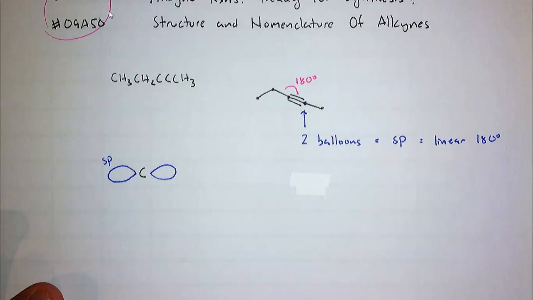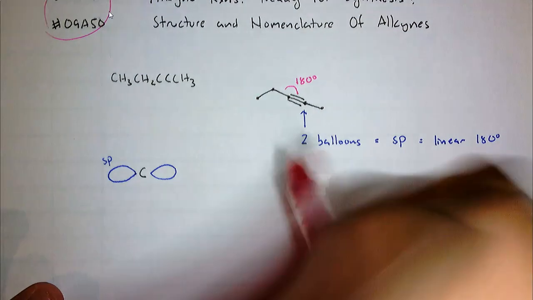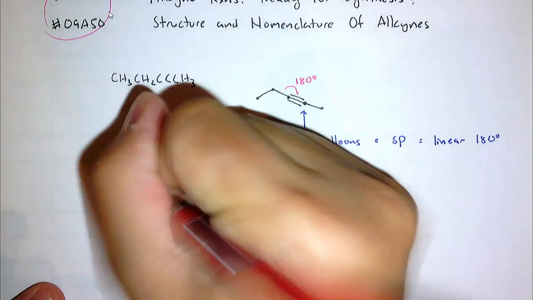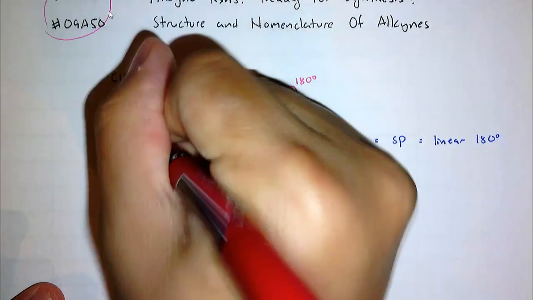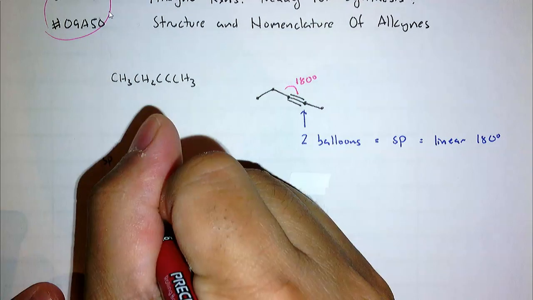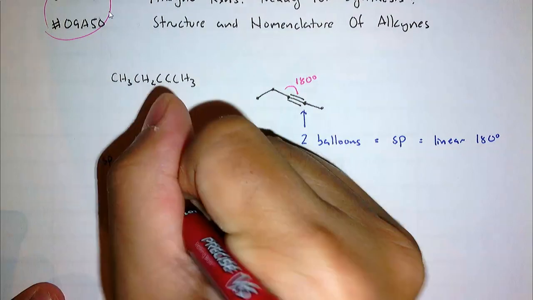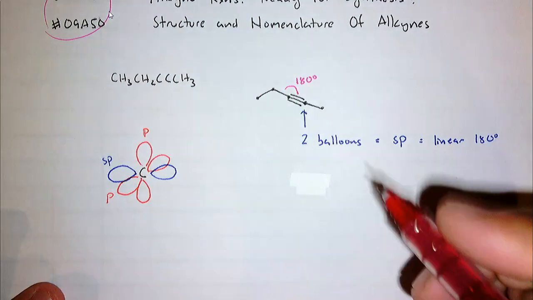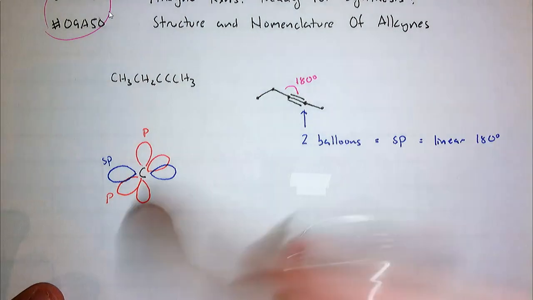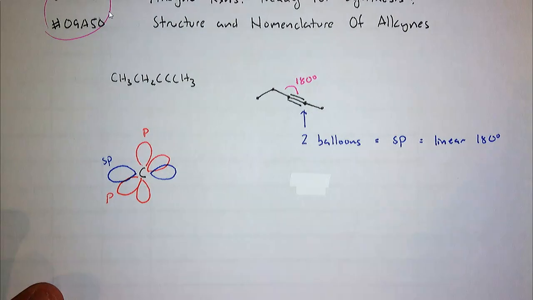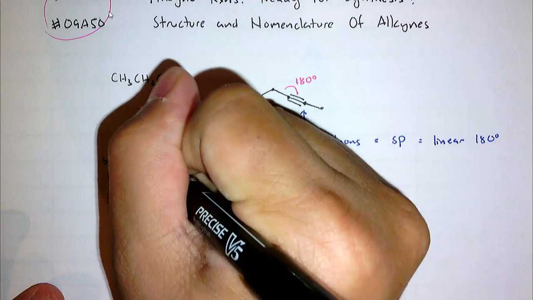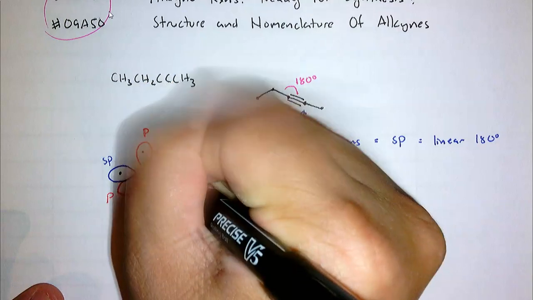I mentioned that you have two unhybridized p orbitals. Those are going to be, in my drawing, horizontal, and one set of p orbitals vertical. Or not vertical, but towards us and away from us. That represents an sp carbon. Carbon has 4 valence electrons. Okay, 1, 2, and we'll put 1 in each p orbital.